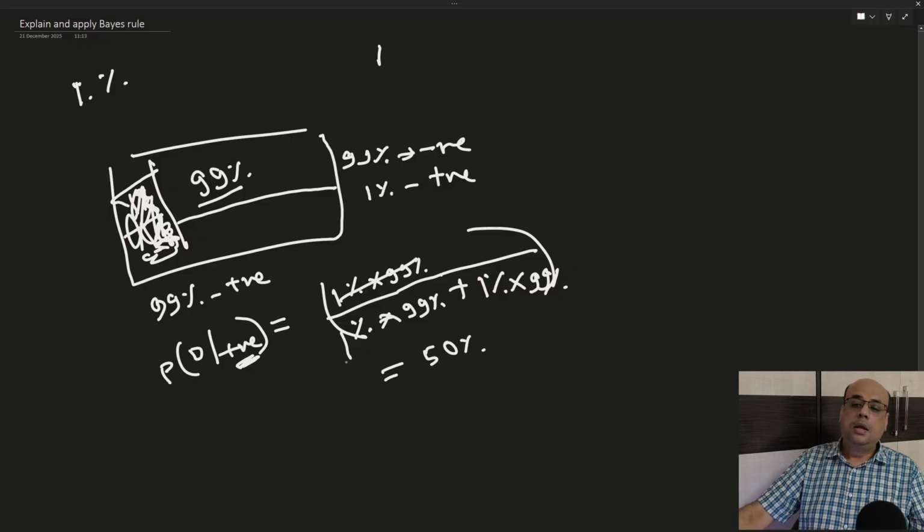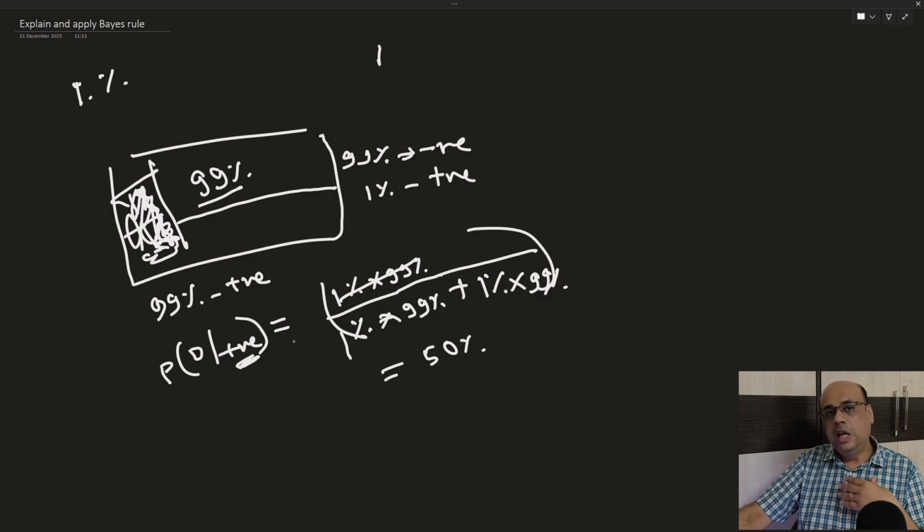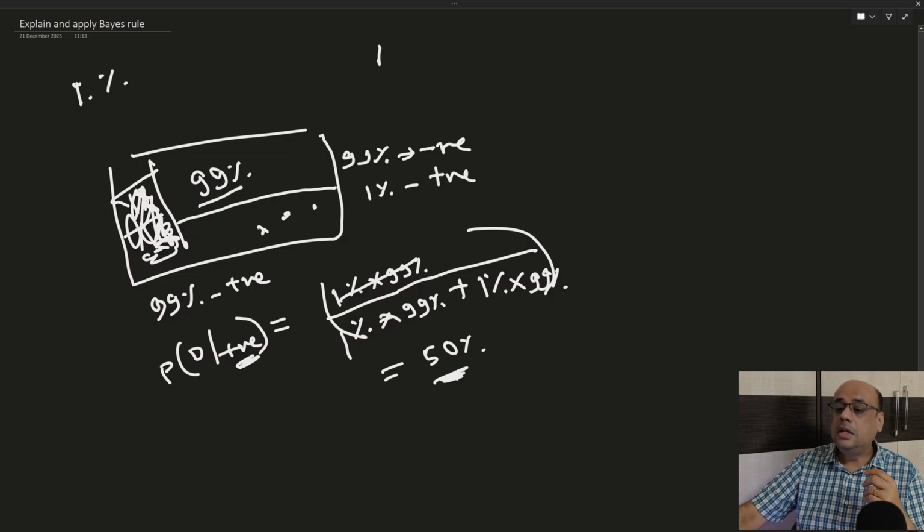See, now, at the start, what we said is that our intuition tells us that if it is positive, the probability of the person having the disease would be very high, maybe 80-90%. But that's not the case, it is 50%. Why? Because there is a large number of people who do not have the disease.